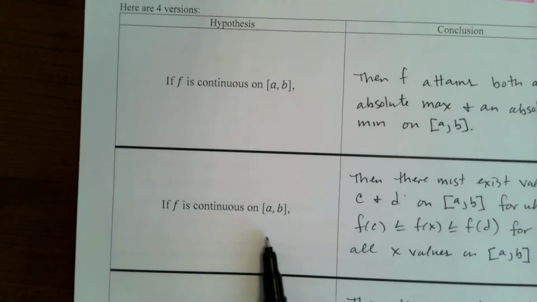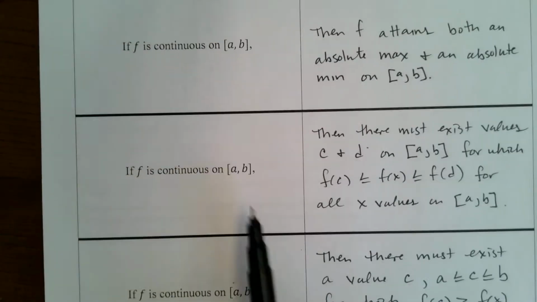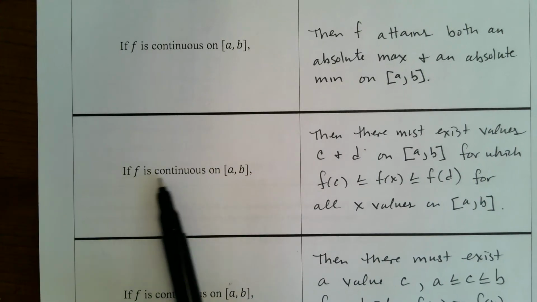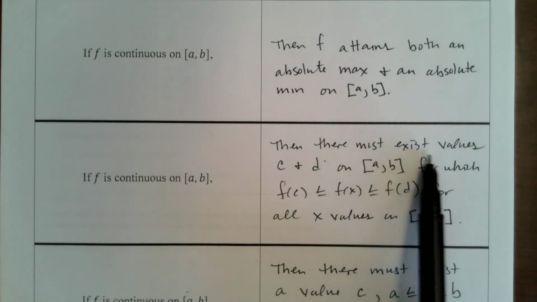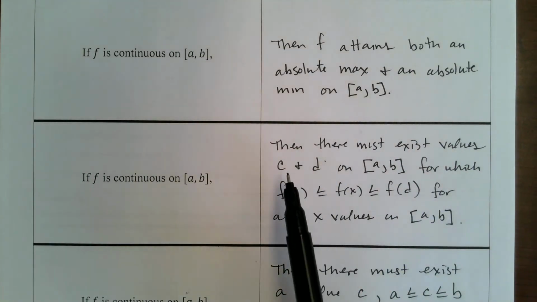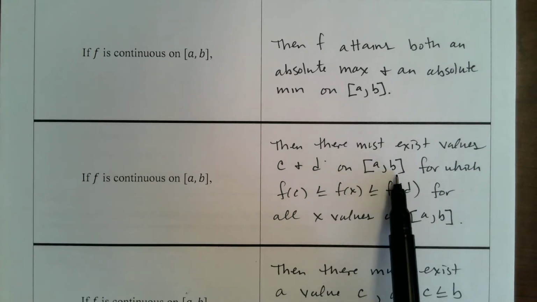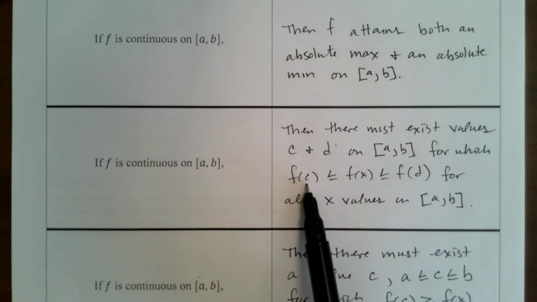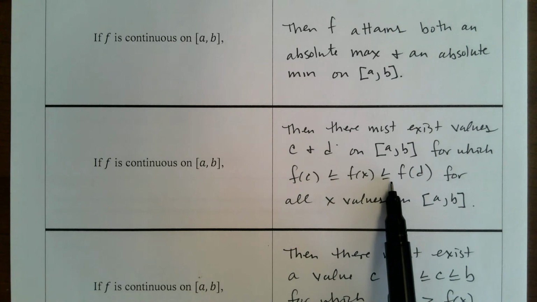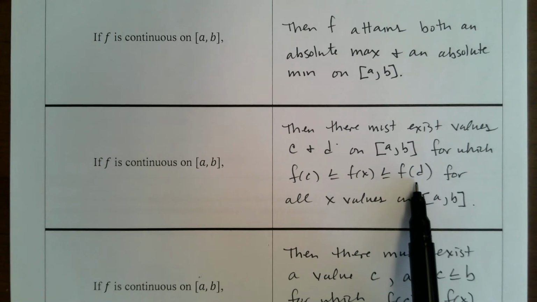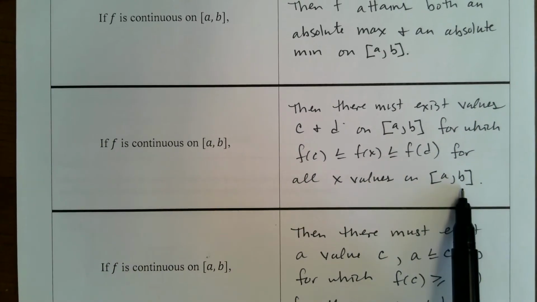Okay, now often the extreme value theorem could be stated like this. If f is continuous on the closed interval AB, then there must exist values C and D on this closed interval for which f of C is less than or equal to f of x, which is less than or equal to f of D, for all x values on AB.